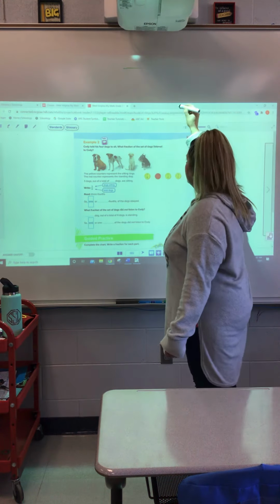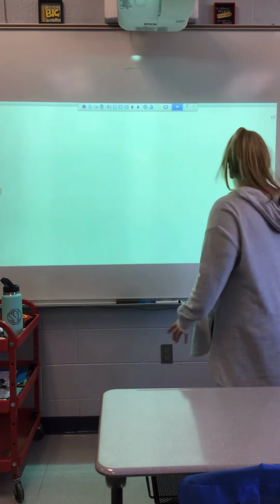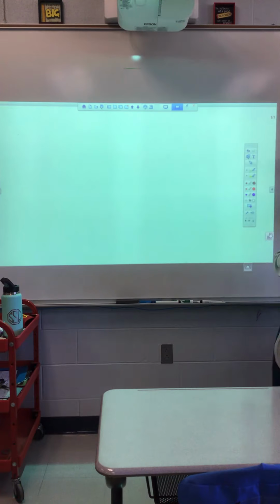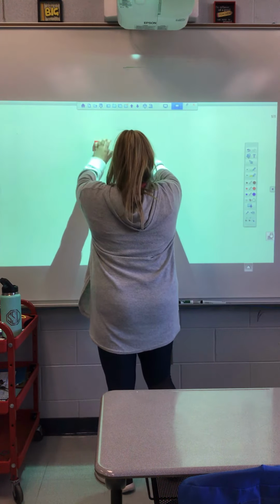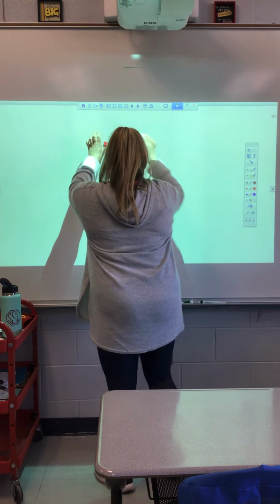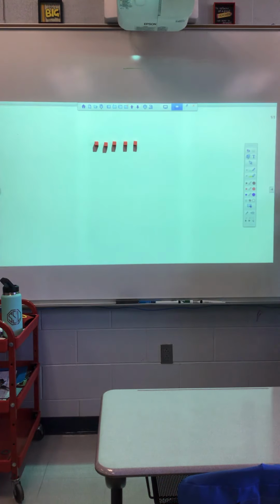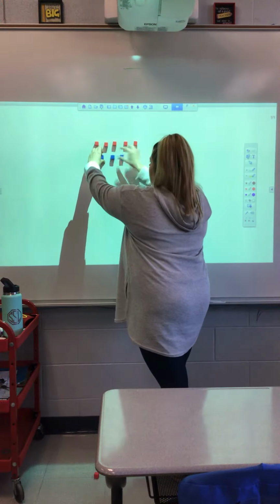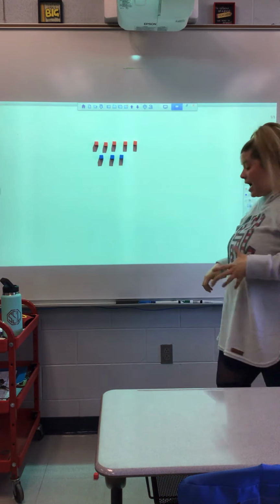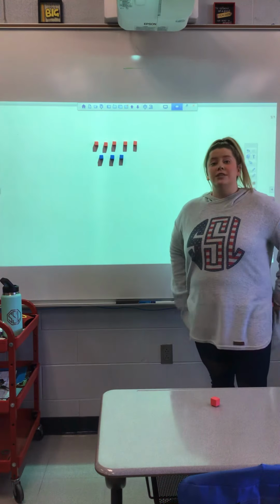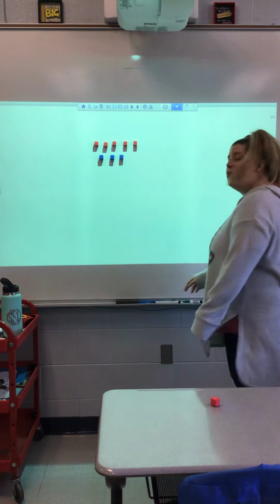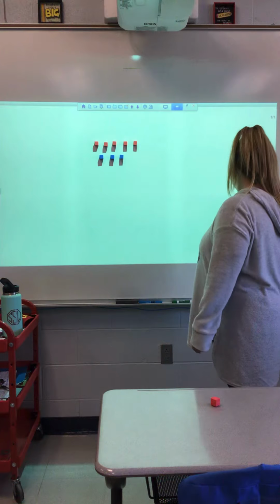Okay. I have some counters. I'm going to put them up here. So there's my counters. I want to know what fraction of my counters is blue. So what's the first thing that I need to do?